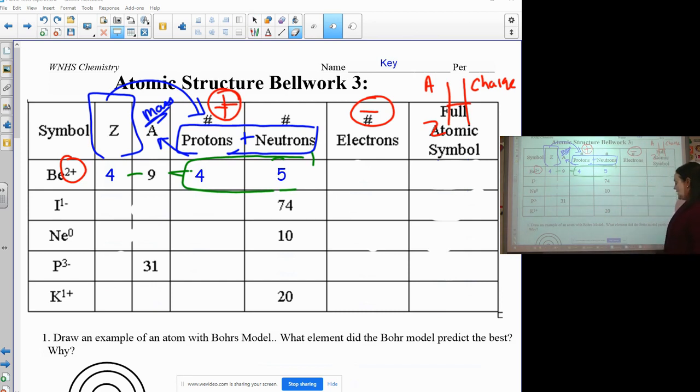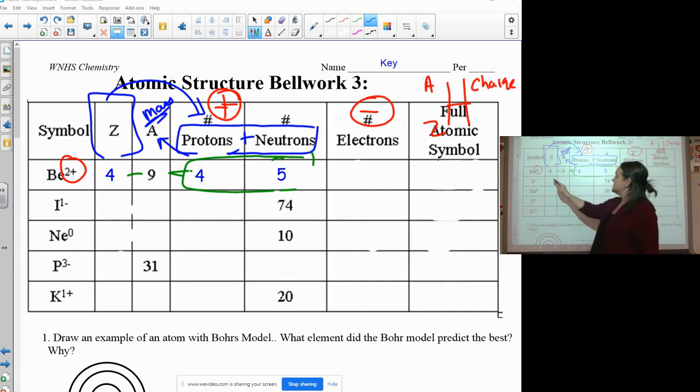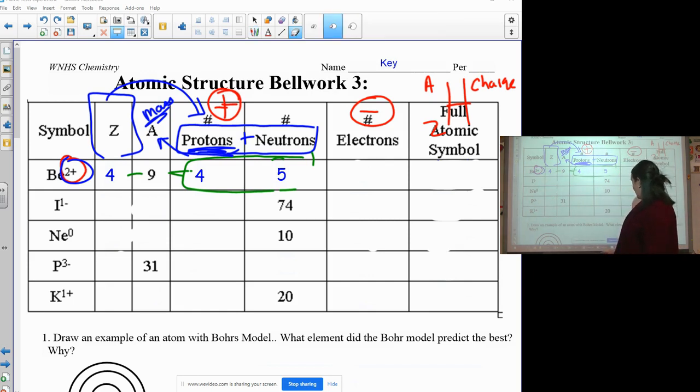Now, let's check out the charge. If I have plus 2, that means I have 2 more positive protons than electrons, so 2 less than 4 would be 2 electrons. Then you put it all together. We have everything we need: 9, 4, Be, and then a plus 2.